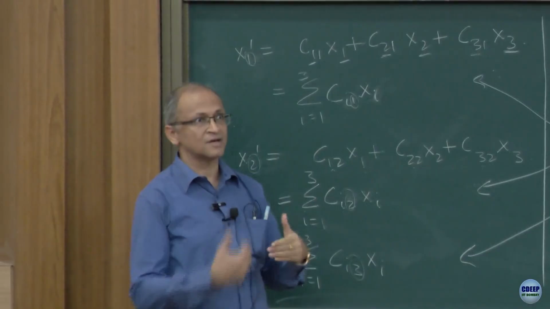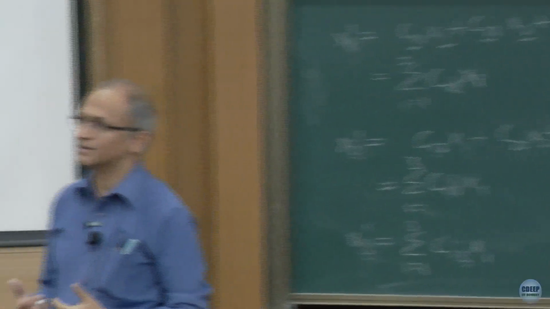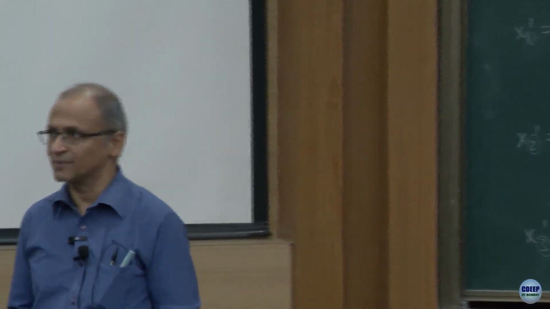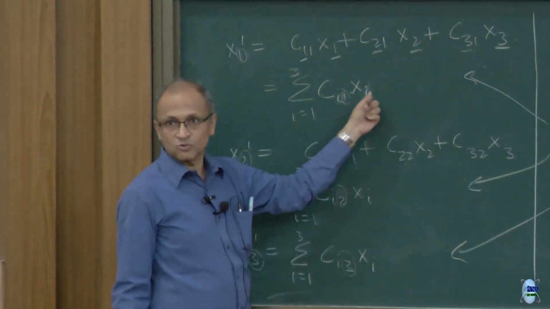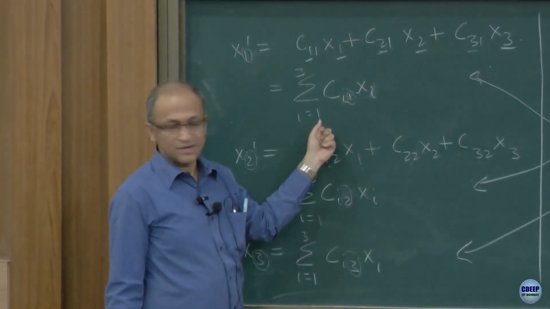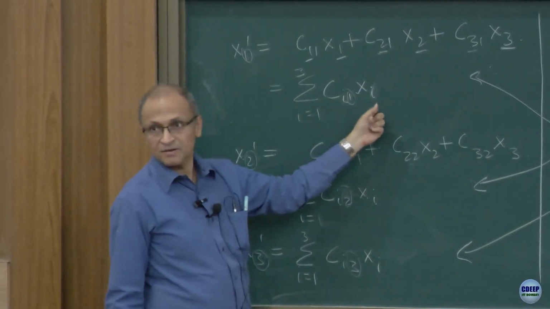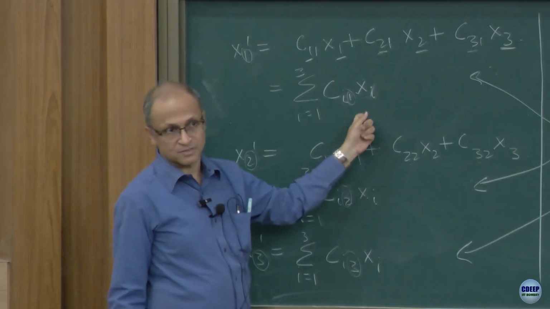Now I'm looking at it from a different point of view. I'm looking back at these equations and asking what I was doing. I was simply looking at this i appearing twice, and if i is appearing twice, I was adding it up over this i. So I will call this a repeated index.